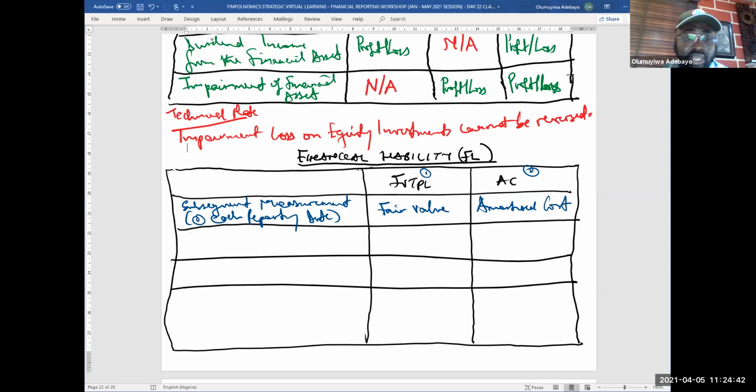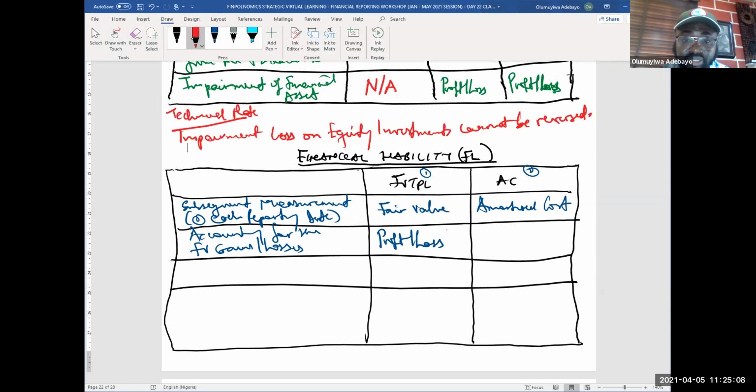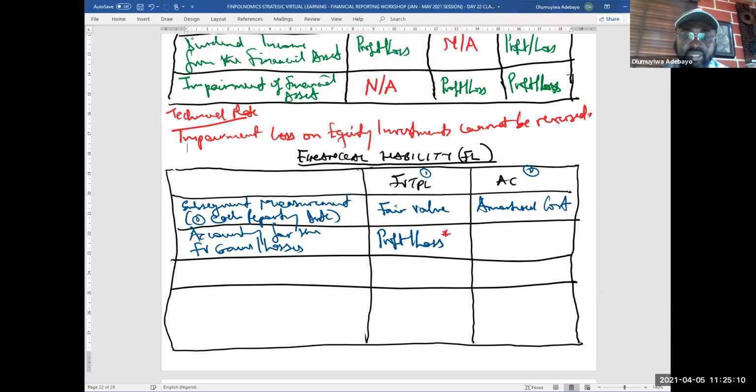Now, how do we account for the fair value gains or losses? For this bucket, which we call fair value to profit or loss, it is reported in profit or loss. But I'll put an asterisk, and I will explain that later.